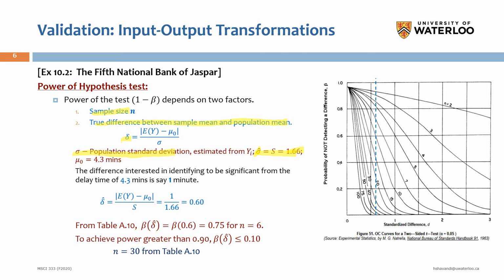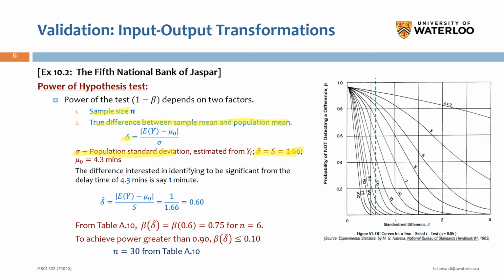So by having this equation, and assuming a target on the absolute difference between the real system and the simulation model, and also having a target on the value of the power of test, we can obtain the sample size. I mean, what should be the sample size in order to have a minimum level for the power of the test.